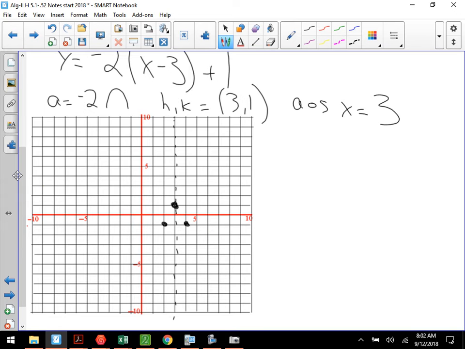A lot of this stuff is mental math, and the mental math here is pretty easy. What's 5 minus 3? What's 2 squared? What's 4 times -2? Add 1, you get positive or negative? -7. So I'm at (5, -7).